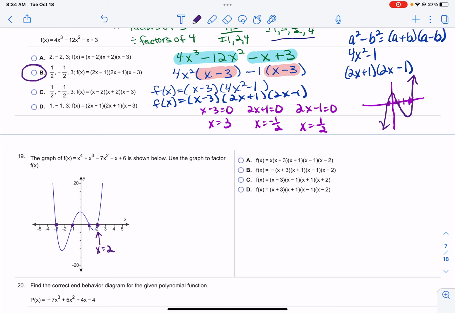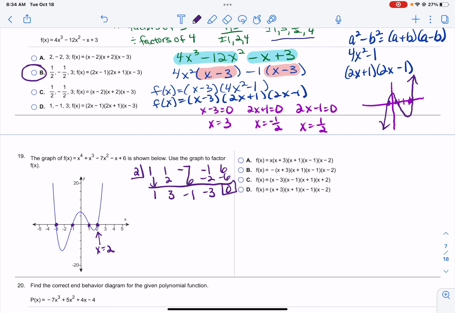So we can use synthetic division with a 2 in the box, and we use the coefficients for x to the 4th, plus 1x to the 3rd, minus 7x squared, minus 1x, plus 6, using this setup for synthetic division, bringing down the first term and multiplying and adding. We see that we have a remainder of 0.